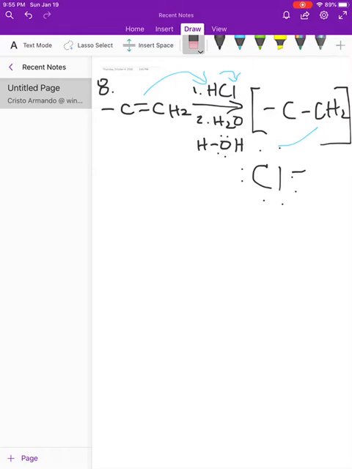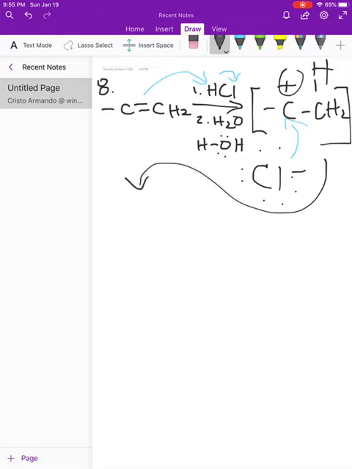It's a Markovnikov addition, so the hydrogen would have attacked the less substituted carbon, and then the halogen is going to attack the more substituted carbon. So we're left with this.